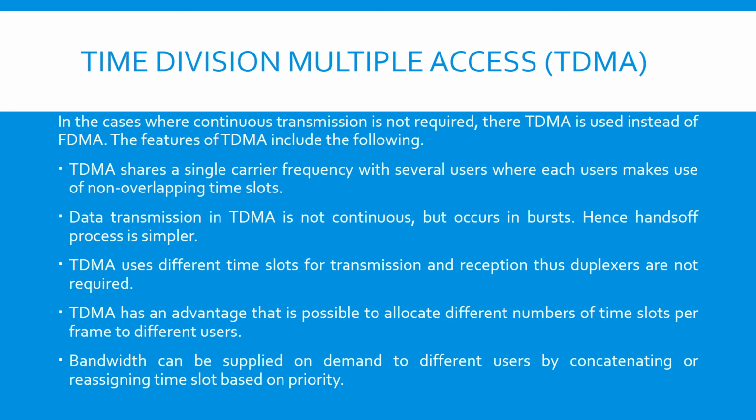Now, time division multiple access, that is TDMA. TDMA is a technology where continuous signaling is not required, where continuous transmission is not required. TDMA shares a single carrier frequency with several users, where each user makes use of non-overlapping time slots.